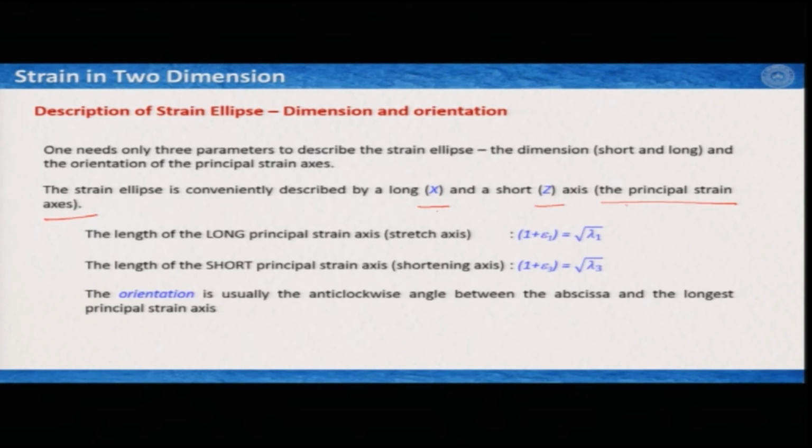The length of the long principal strain axis, you can call it the stretch axis or elongation axis, is defined by 1 plus epsilon 1 or square root of lambda 1, and the length of the short principal axis can be defined as 1 plus epsilon 3 or square root of lambda 3. The orientation is usually the anticlockwise angle between the abscissa and the longest principal axis.